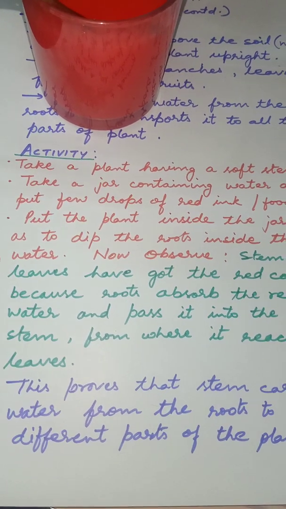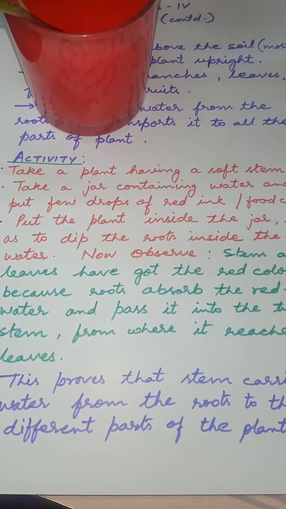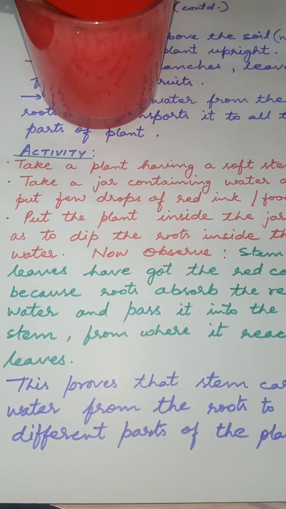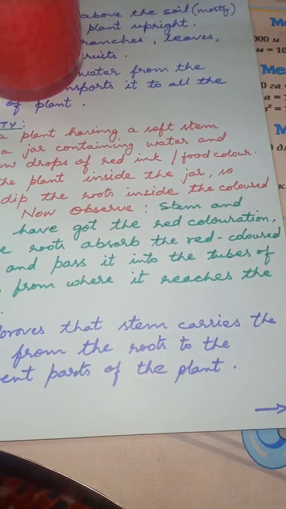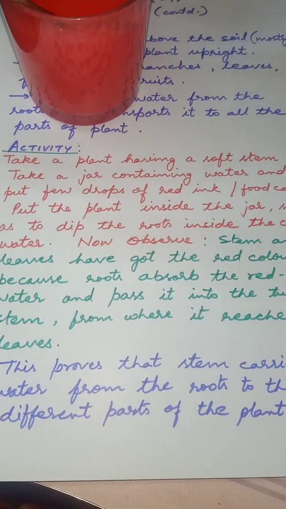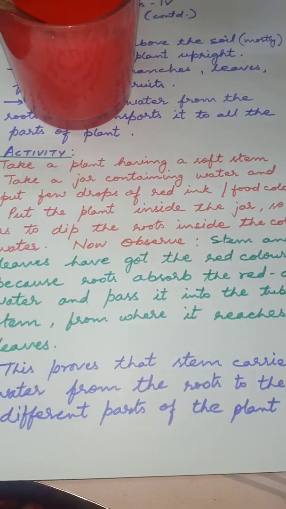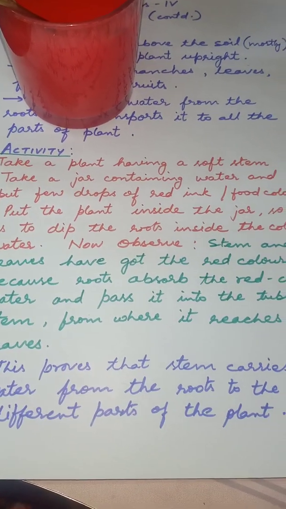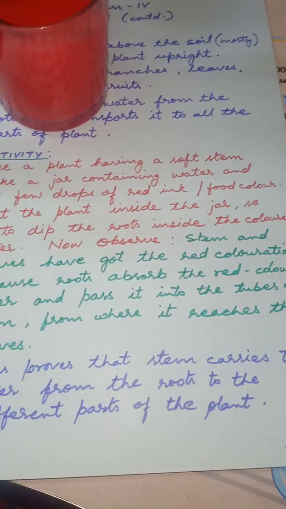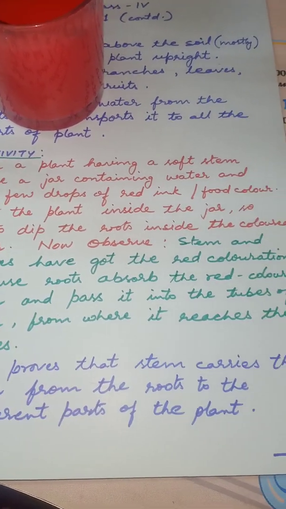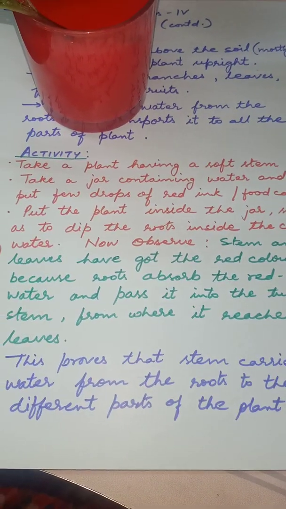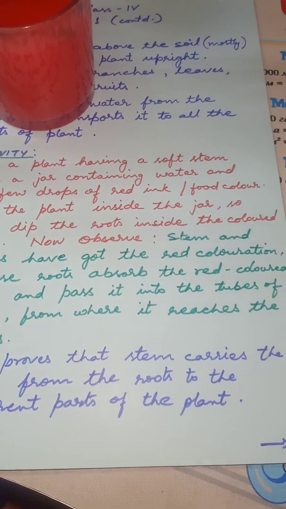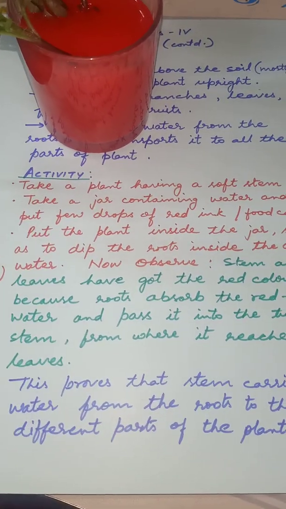And what will be the outcome of it? The outcome or the observation will be that the stem and the leaves have got the red coloration because roots absorb the red colored water and pass it into the tubes of the stem from where it reaches the leaves.